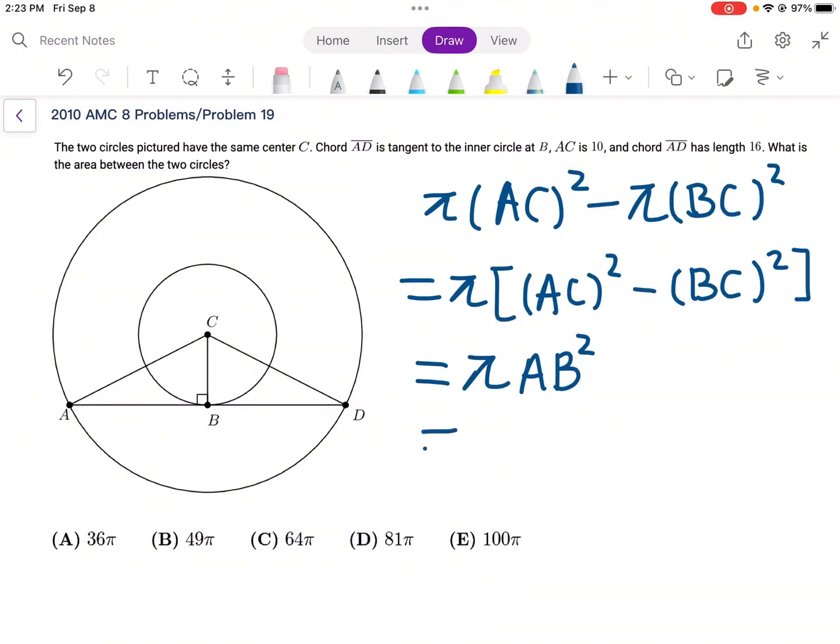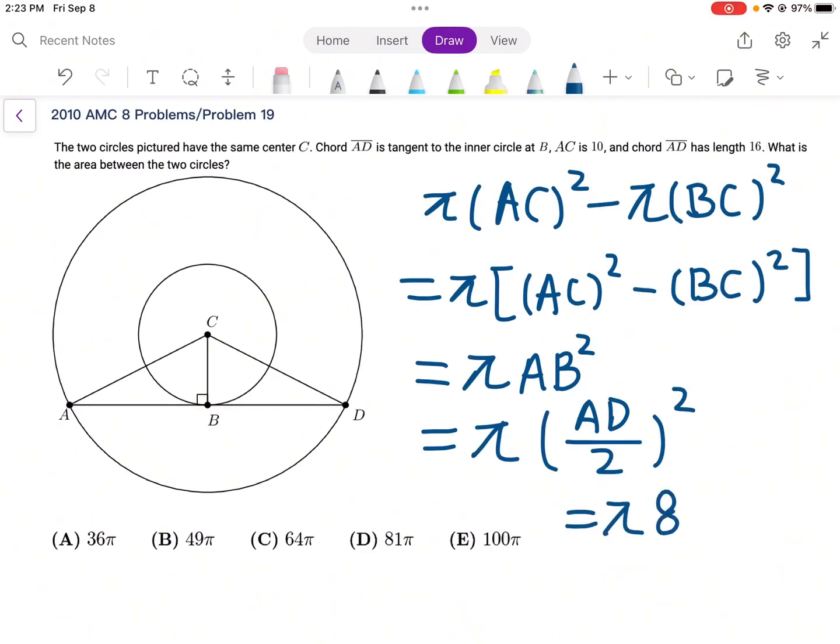So this can be further calculated as pi (AD over 2) square. And AD has length 16, so that equals pi multiply 8 square equals 64 pi. So the answer is C.